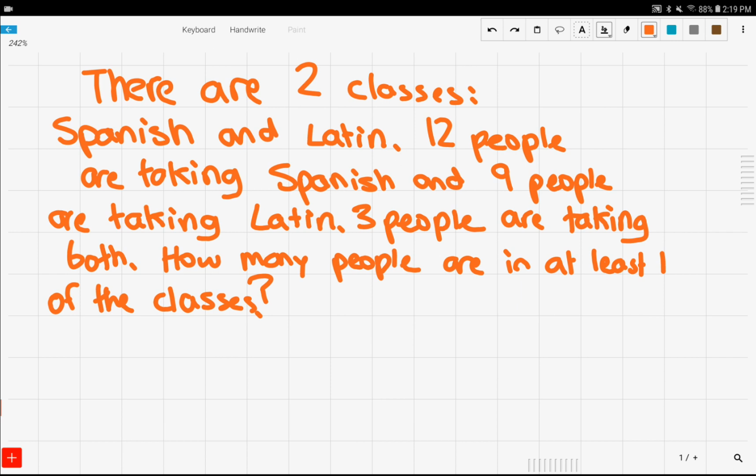So again, let's go back to the beginning with 12 plus 9. But if you think about it, we've actually overcounted, and this is where the definition of PIE comes in, because there's inclusion and exclusion. We're including things, and then we're taking out things. So so far our number is 12 plus 9.